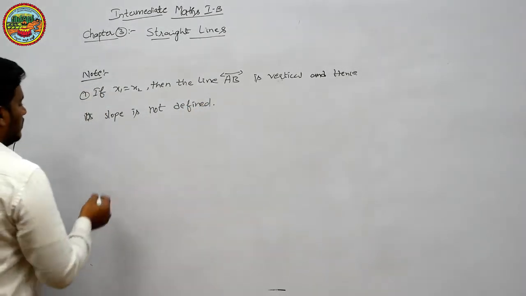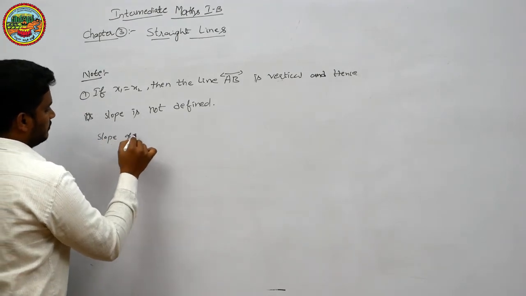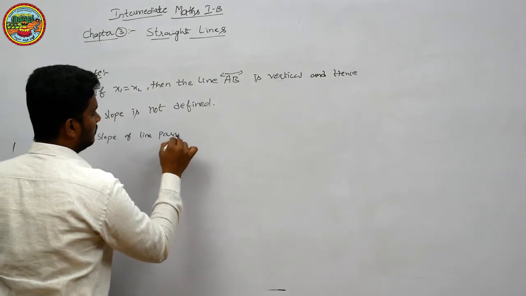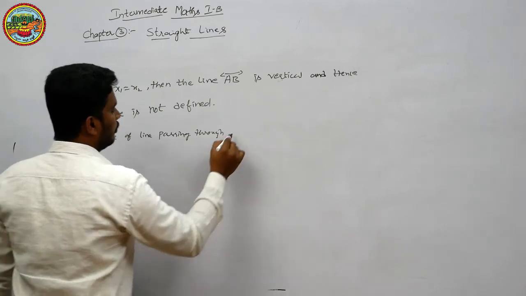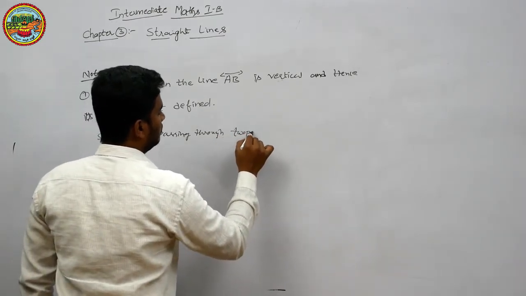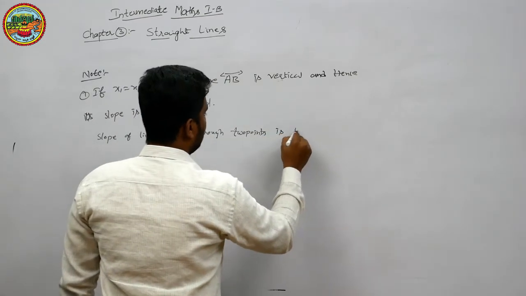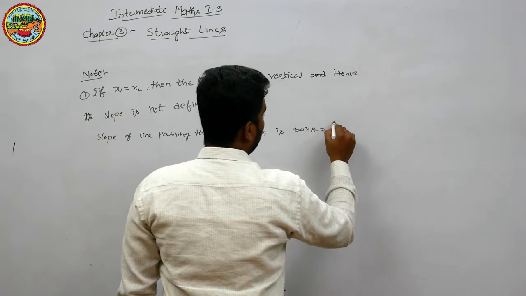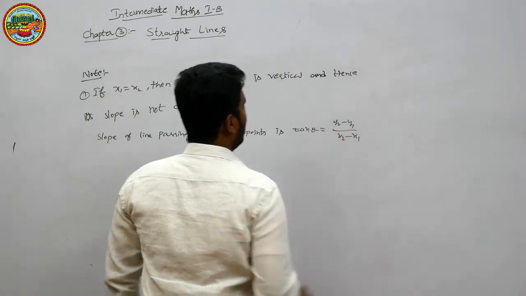So we have the slope of the line passing through 2 points is tan theta is equal to y2 minus y1 by x2 minus x1.